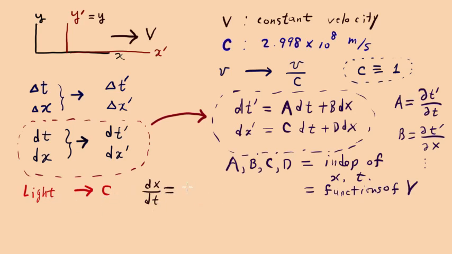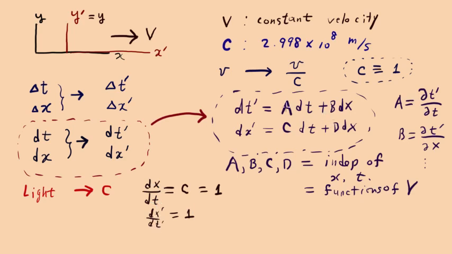So that means this is c. But remember, c is now defined as 1 in my unit convention. So that means dx over dt is c, which is 1. Okay, so if that's the case, then Einstein's postulate says dx prime over dt prime is also 1. So that means if dx equals dt, then dx prime is also equal to dt prime.